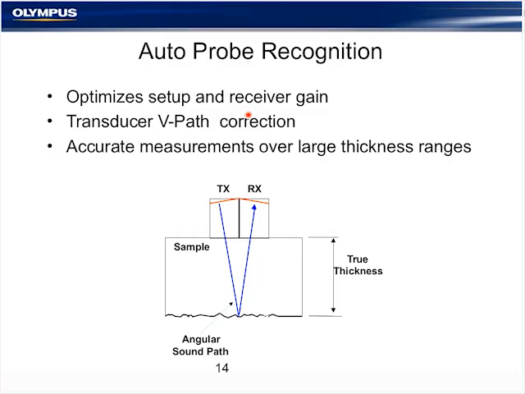If I get my faux laser pointer here. Any dual probe, or certainly most dual probes, are constructed with two crystals, a transmit and a receive, that have what we call a roof angle. And due to this roof angle, the sound actually travels through the delay of the dual probe and enters the part at a very small angle, typically just a few degrees.